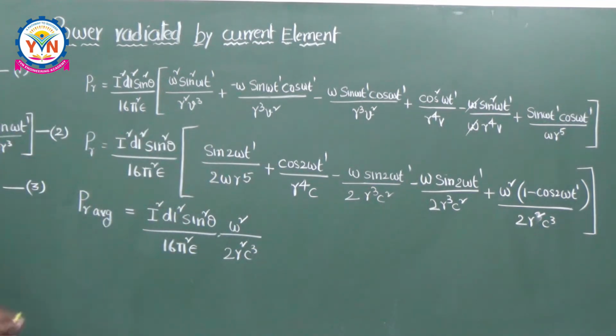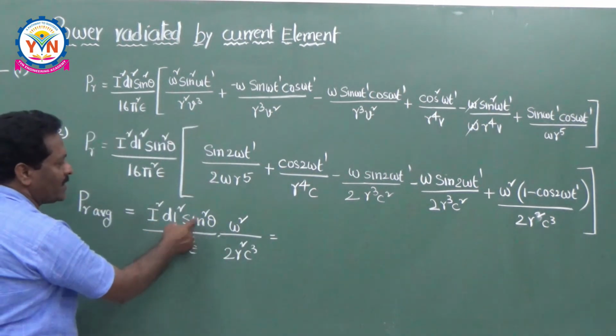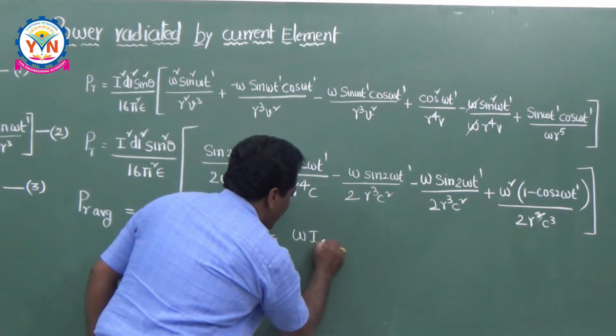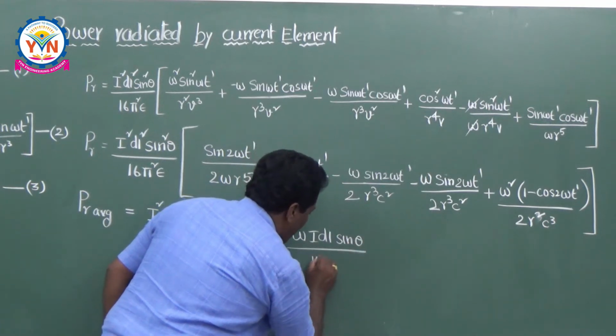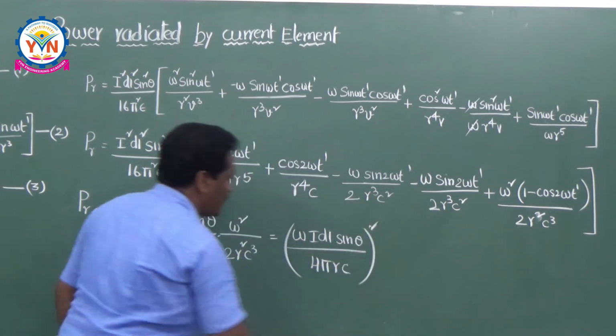This can be simplified as omega I dl sin theta divided by 4 pi r c whole square. So I am calculating this whole square.